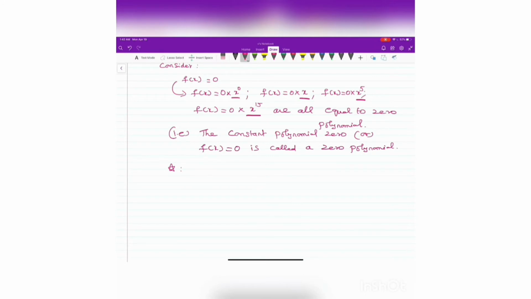So it's a very important point: the degree of the zero polynomial is not defined. This point should be kept in mind.